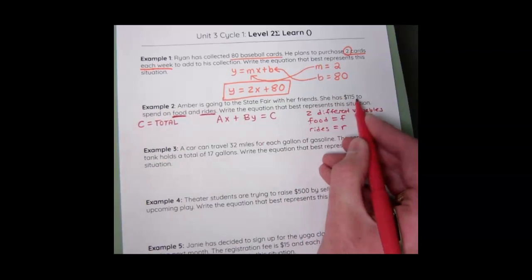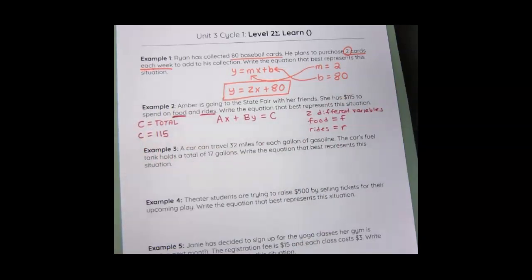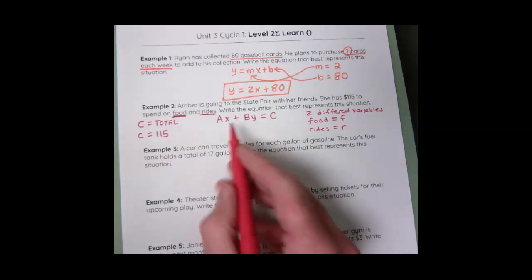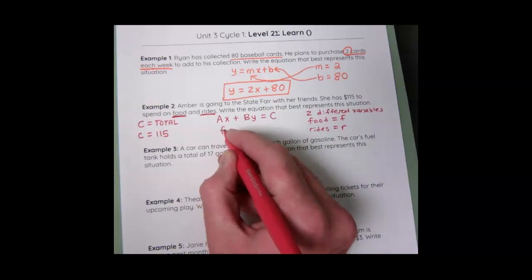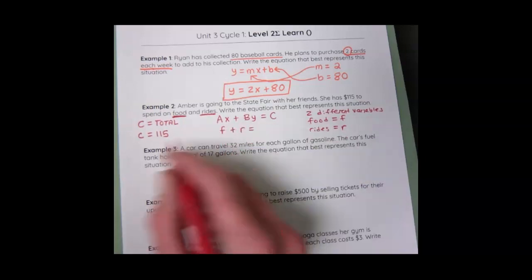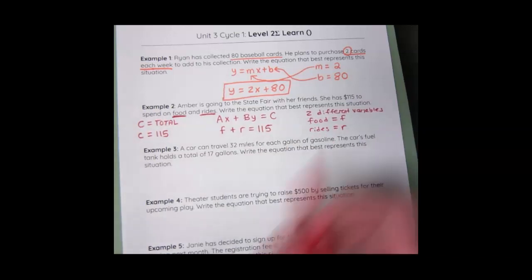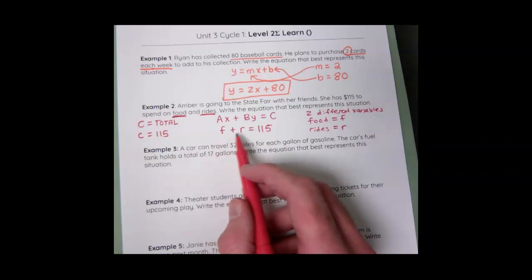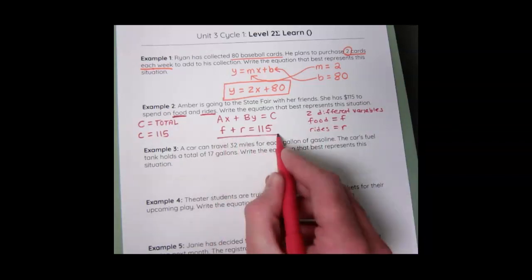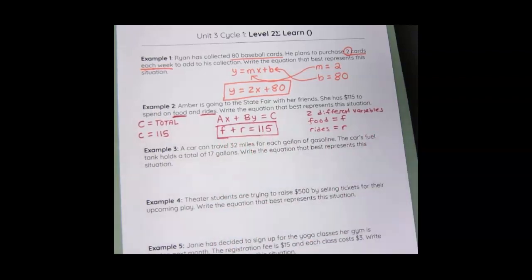So she has $115 to start with, so my C is $115. And instead of writing AX plus BY, we're just going to simply write F plus R equals 115. So if you have 2 different variables, you're going to label them. And here we labeled them F plus R equals 115. And that's your final answer. F plus R equals 115.